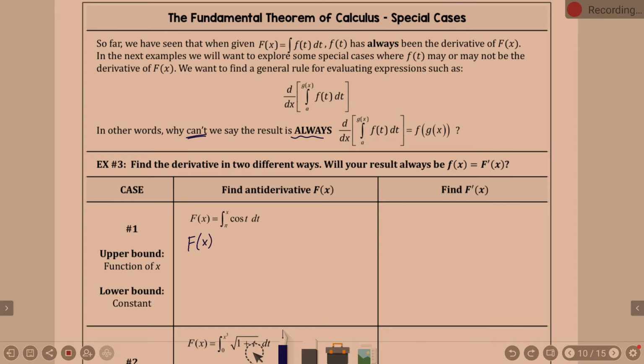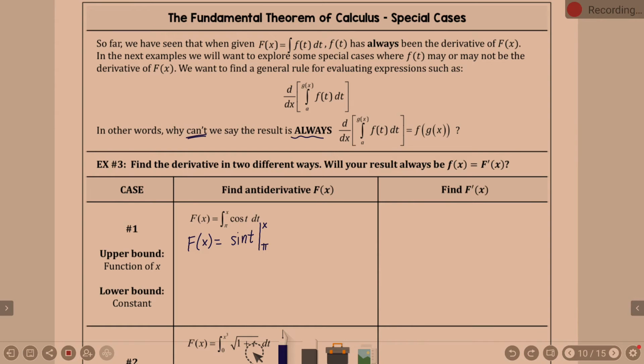Okay. If we evaluate that integral, what is the antiderivative of cosine? The big key is a positive or negative sign, right? And it's positive sign. So it's going to be sine evaluated from pi to x.